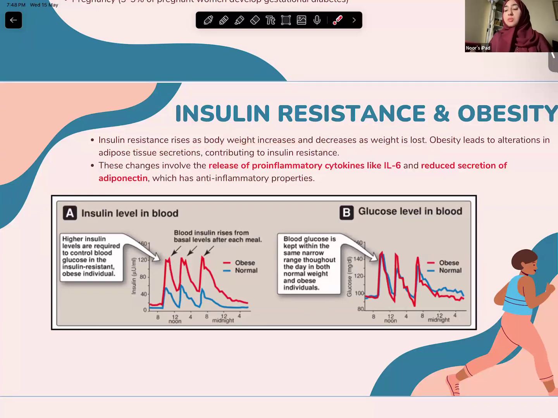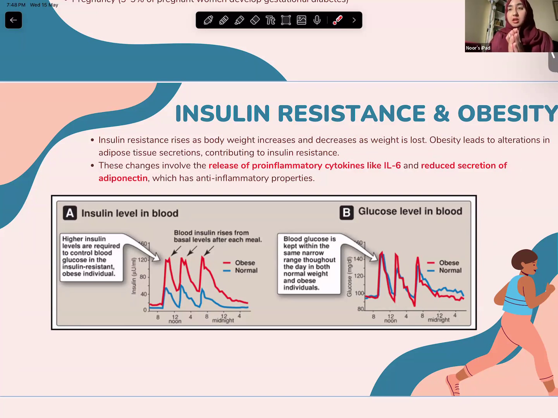That is why, remember, I said the best solution for type 2 diabetes is dietary modifications or lifestyle modifications, which includes exercise. So when the weight is lost, insulin resistance would decrease. Okay, so remember it this way. Obesity leads to alterations in adipose tissue secretions, contributing to insulin resistance. Now, before I go to the next two points, just listen to me carefully.